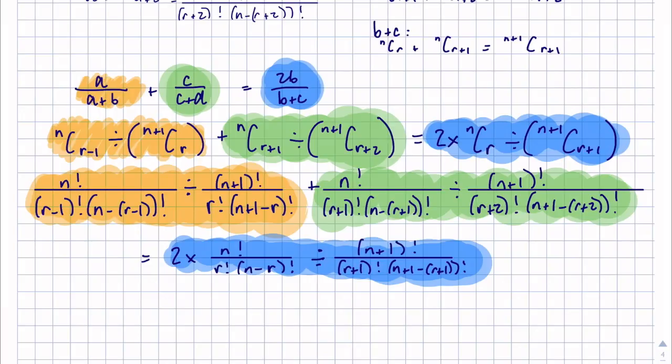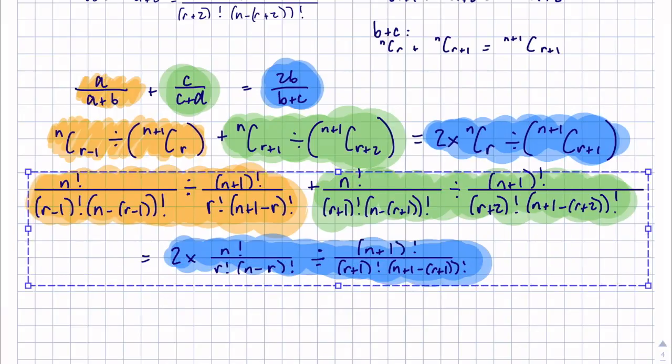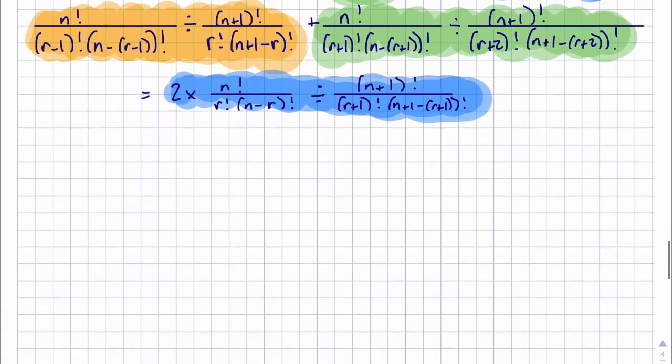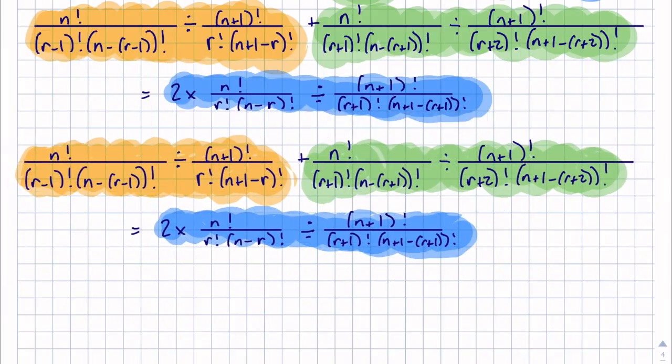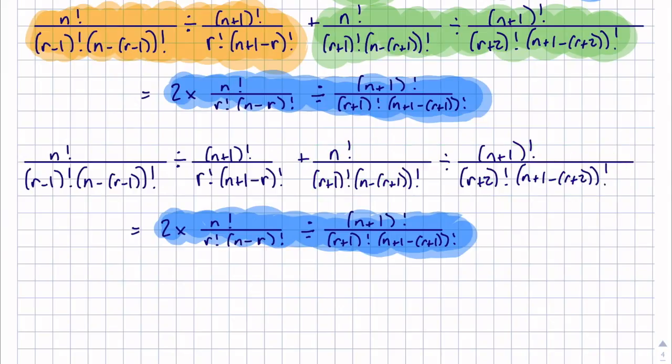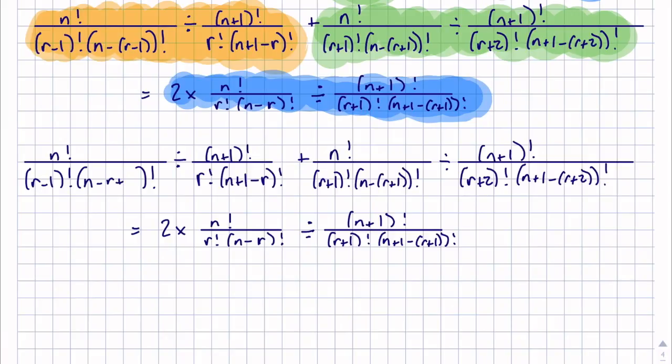Okay, let's start tidying this up. (n minus r minus 1) factorial is the same as (n minus r plus 1) factorial.